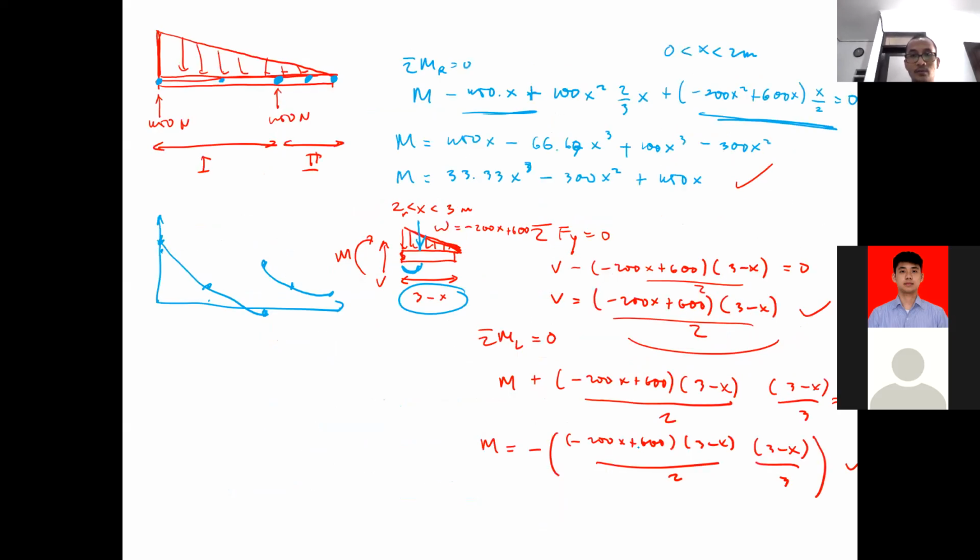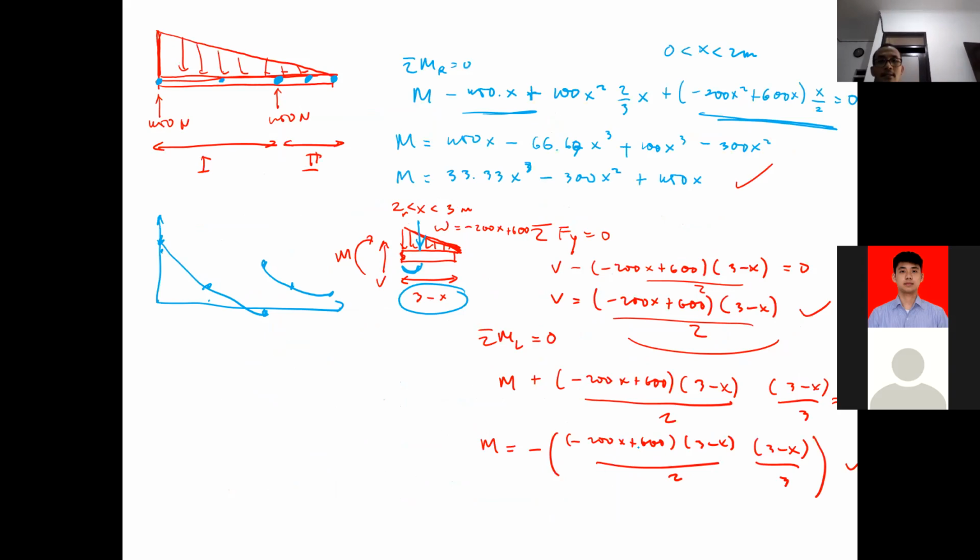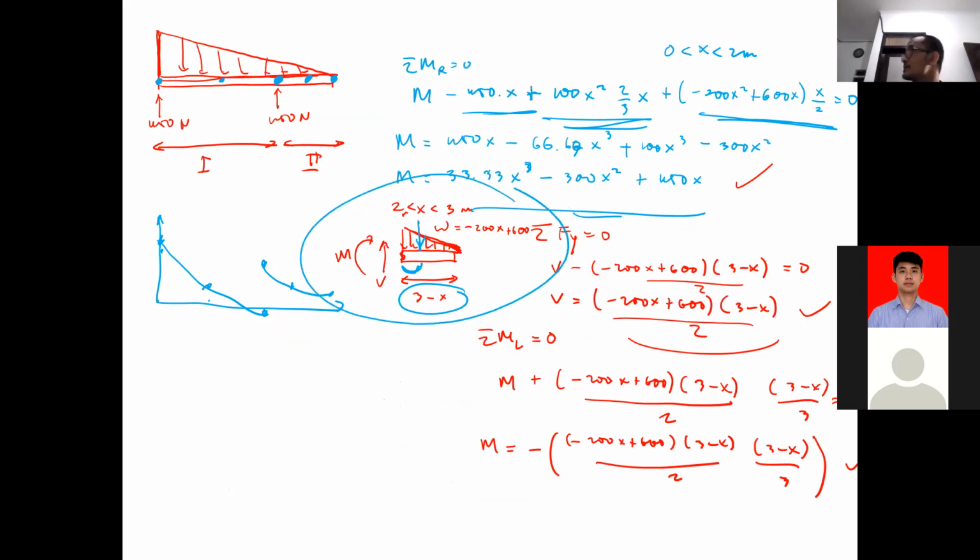Kalau sudah dijumlah-jumlah jadi 100x kuadrat. Oke, lengan momennya 2/3x, dari kanan ya, karena kita ngitungnya dari kanan. Jadi persamaannya seperti ini. Dijumlah-jumlah jadi seperti ini.